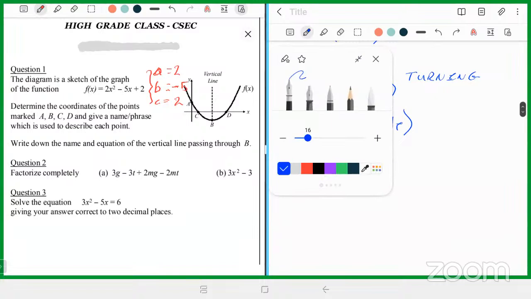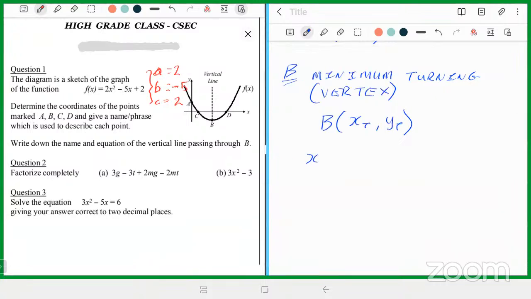So the xt that we want here is equal to minus b divided by 2a. The a and the b, as I said, come from the standard form of the quadratic function, which is what we have over here. So that becomes minus, that minus is this one that I've written down. Then the b itself is a negative 5, and so this becomes minus, and the b is a negative 5.